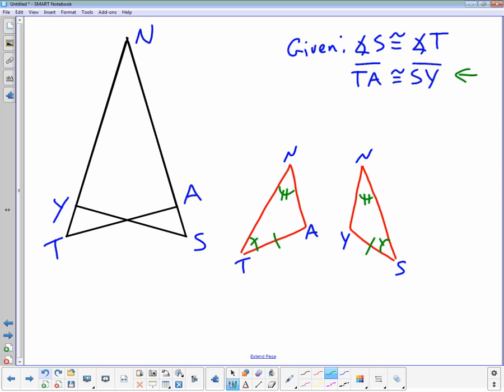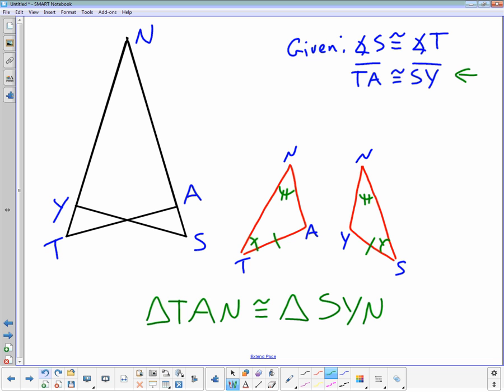All right, what do I got? How are these congruent? Write me a congruent statement. And what method of proof? Give me TAN. Who is TAN congruent to? TAN is congruent to SYN. By what method?